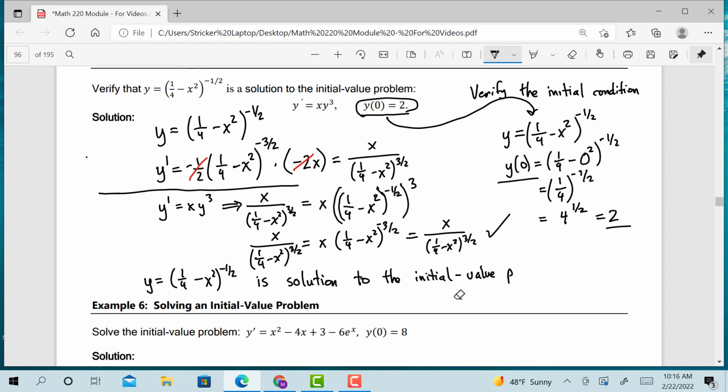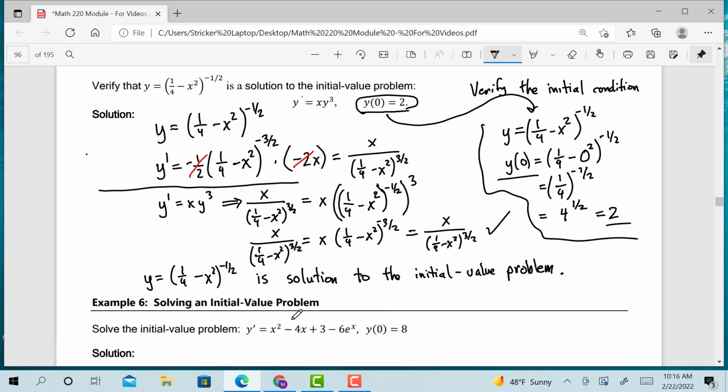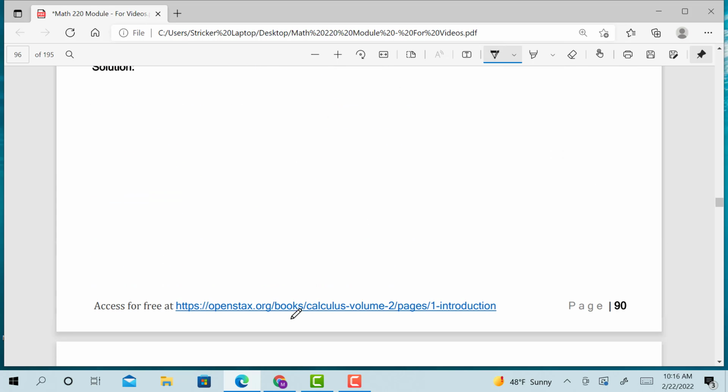And again, to verify that, we had to verify the initial condition. That's what we did over here. We verified the initial condition, and then we also verified that y is a solution. And so let's move on to the next and final example.